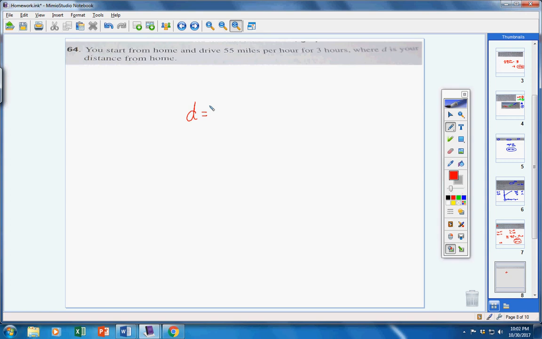So students, the model we're going to write here is the distance you are from home. So right now when you start off, you're starting from home. So how far are you away from home? Well, you're 0. And then plus, you're going to increase your distance 55 miles per hour.